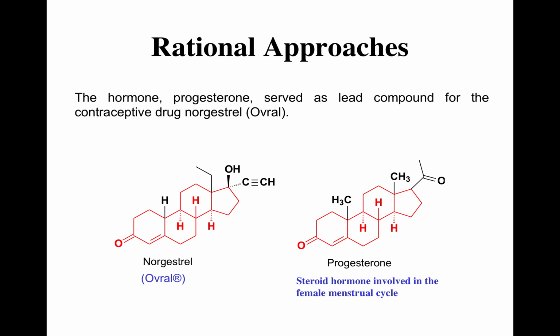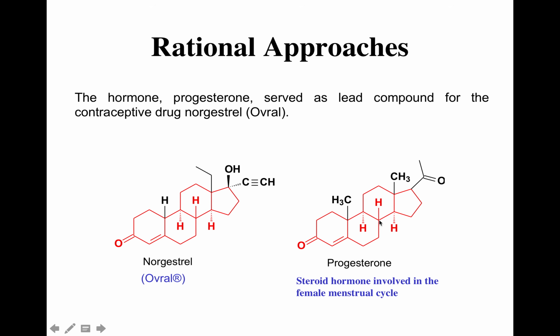Other rational approaches that have been used is, for instance, the hormone progesterone, which served as a lead compound for the contraceptive drug norgestrel. So they again used the basic structure of progesterone and then did certain functional group modifications on that.